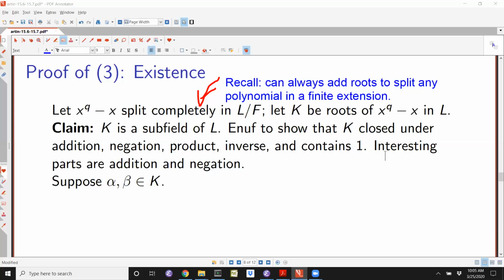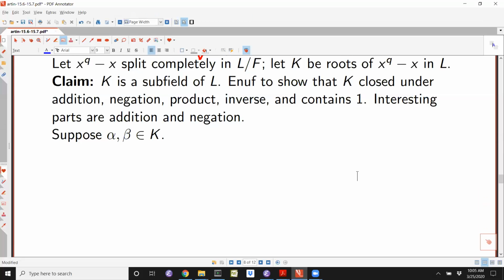Oddly enough, the interesting part is showing that K, the set of all roots of x to the q minus x, the set of all things such that x to the q is equal to x, is closed under addition. We want to show that if alpha and beta are roots of x to the q minus x, then so is alpha plus beta.